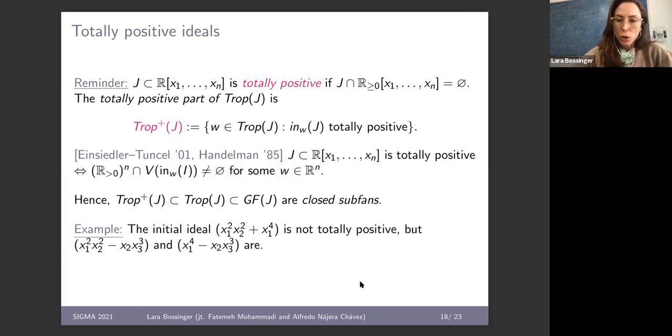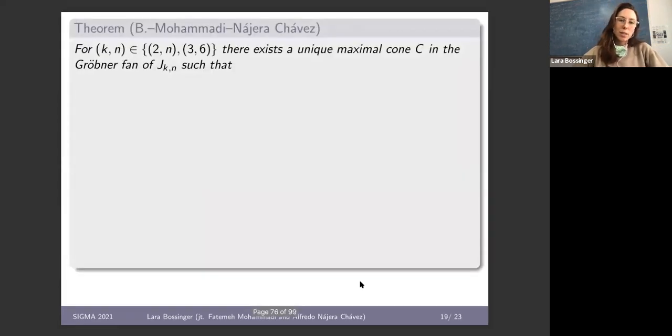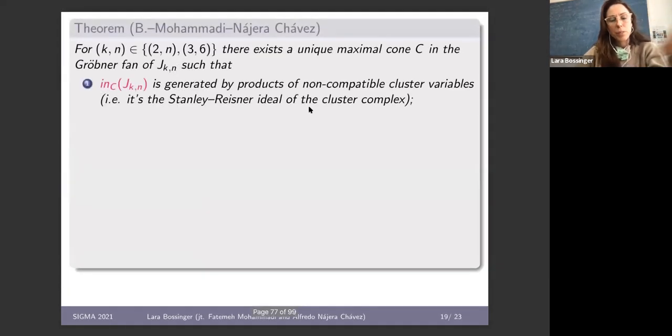Okay, so now I'm ready for the result regarding the Grassmannian cluster algebra and this Gröbner degeneration. So I will restrict my attention to the Grassmannians 2n and 3,6, and I will consider this ideal J_{k,n} that presents the cluster algebra with respect to all its cluster variables. Then the following is true.